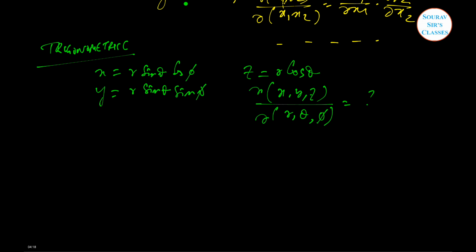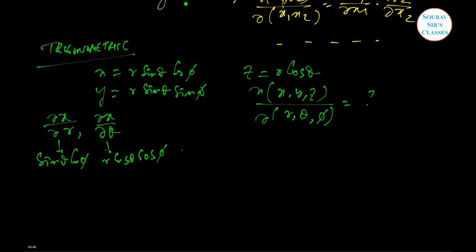We'll just do it: del x del r. So here the process is telling we need del x del r, we need del x del theta. Del x del r will be directly sine theta cos phi. Del x del theta will be r cos theta and cos phi. I would recommend you to see my partial derivative videos if you are having any hiccups with this kind of structure.